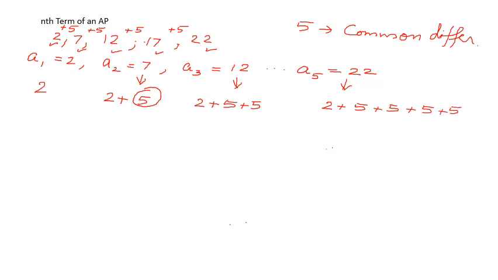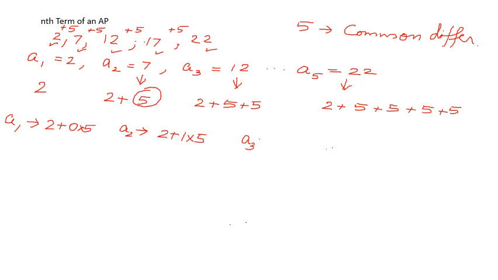One more 5. Now can you see here, first term it is 2 plus, did I add any common difference? 0 into common difference, 0 into 5. 2 plus 0 into 5. A2 I can write it as 2 plus 1 into 5.